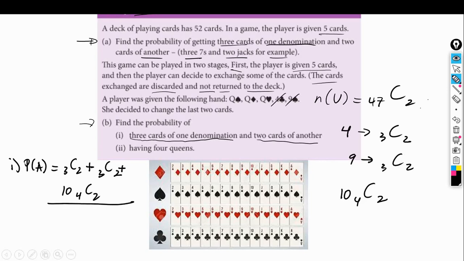Then we divide all of this by the total sample space, which is picking 2 cards out of 47. Then we do this division, and we get a probability of 0.0611.